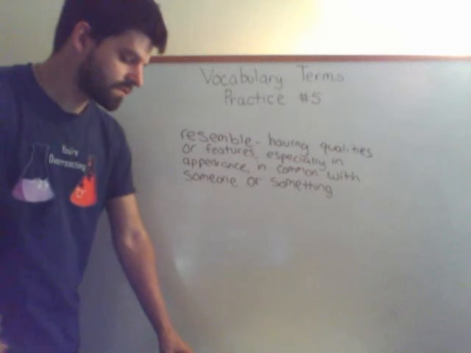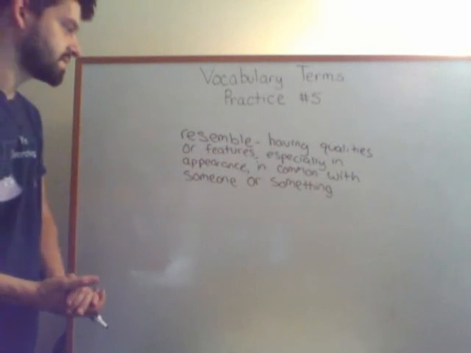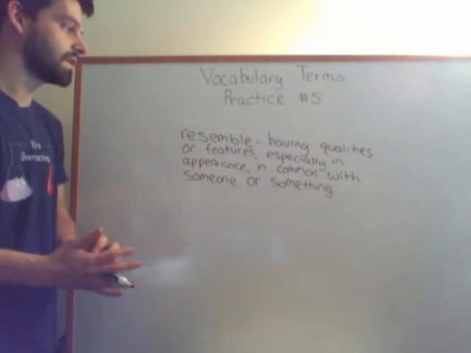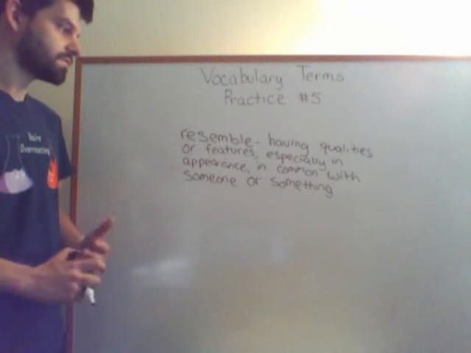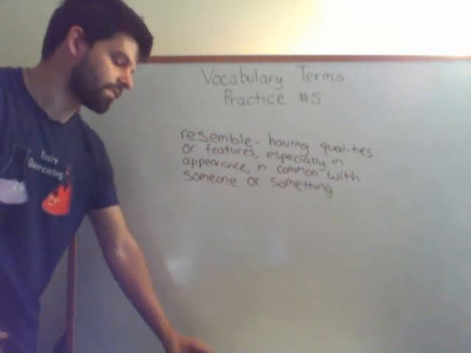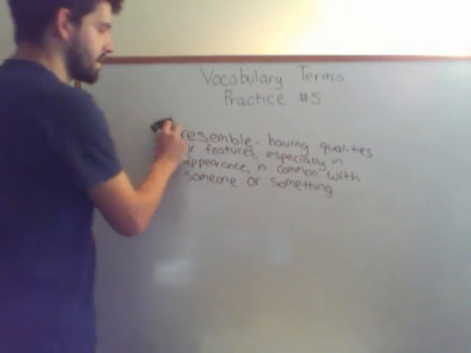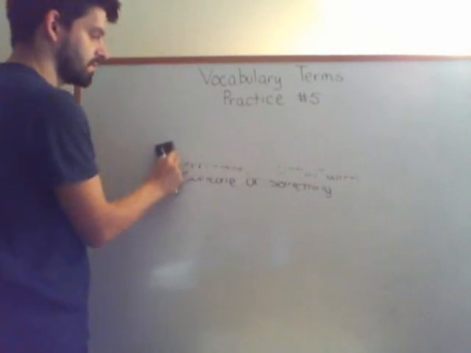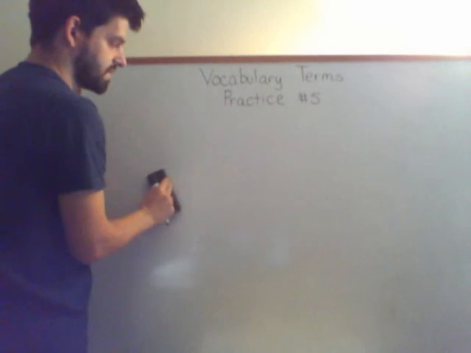Okay, so this is our last word for today, the word resemble, R-E-S-E-M-B-L-E, having qualities or features, especially in appearance, in common with someone or something. Okay. Alright, so let's do a quick recap of all of our words for today.